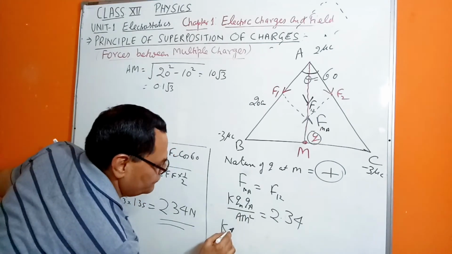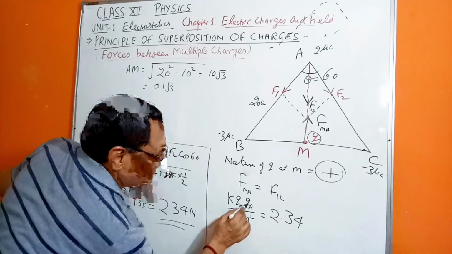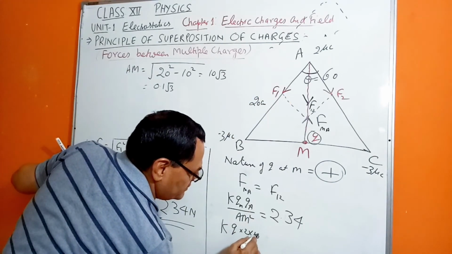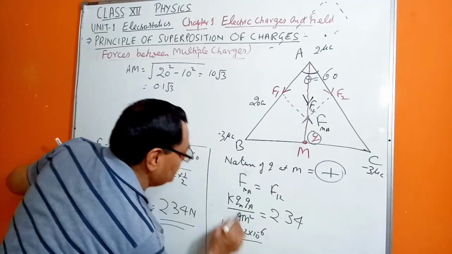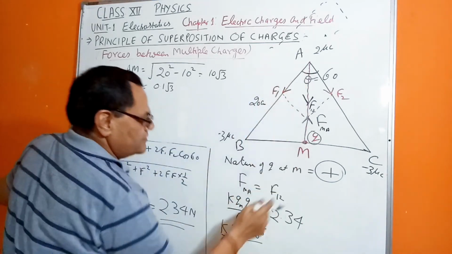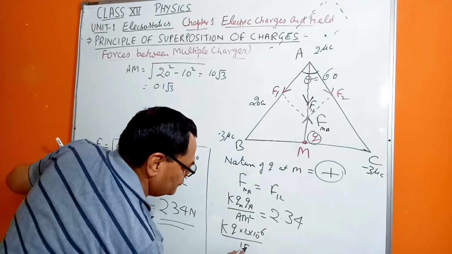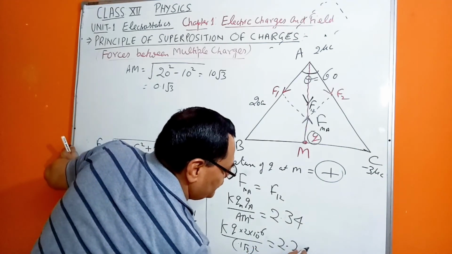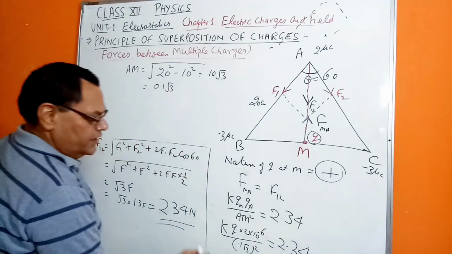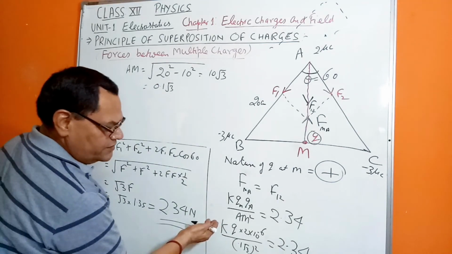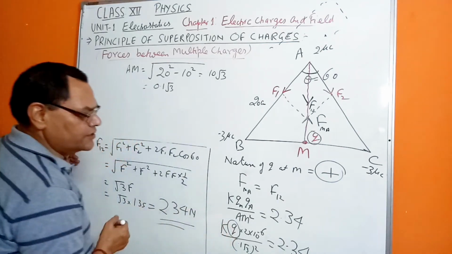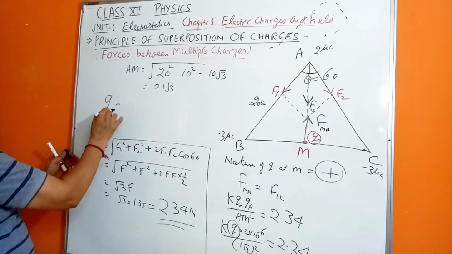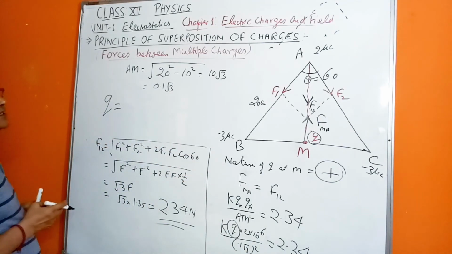Now let me just put it. K, QM, which we don't know, it's a small q. QA we know, that is 2 microcoulomb, okay. 2 micro means 10 to the minus 6. And AM we just got, so that is 0.1 root 3 whole square. And here this value is also known, 2.34. And K of course value 9 into 10 to the 9. So what is the unknown here? Only q. So if you simplify this, you will get a small q, right?